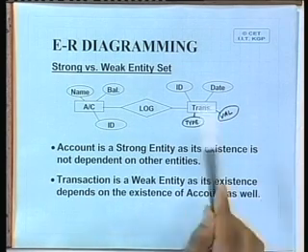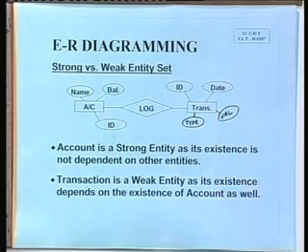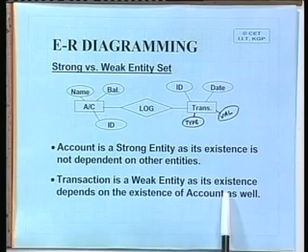So, that is why the transaction should also share the ID of the account. That is the problem of the weak entity set. So, its existence depends on the existence of the account as well. Basically, here you have to read existence in terms of sharing the ID.